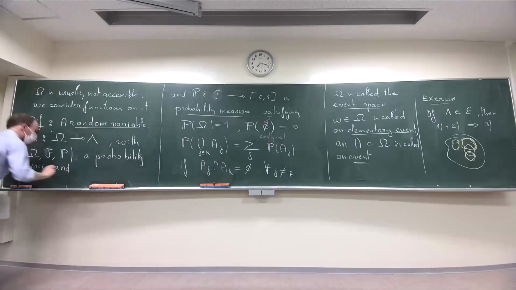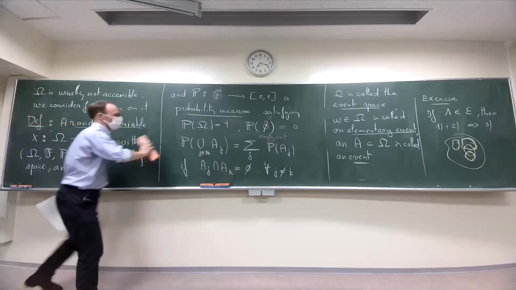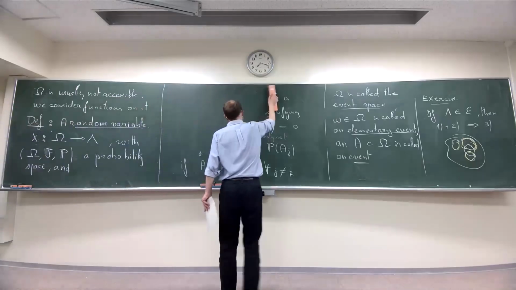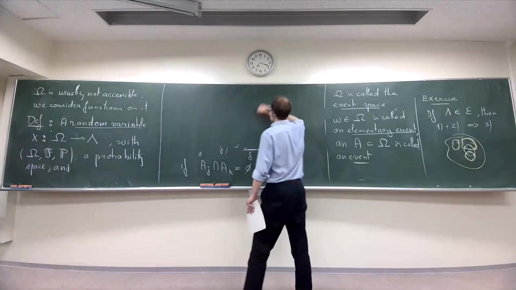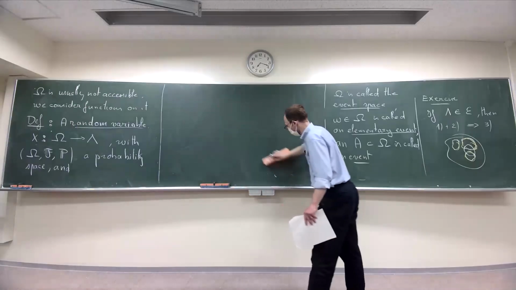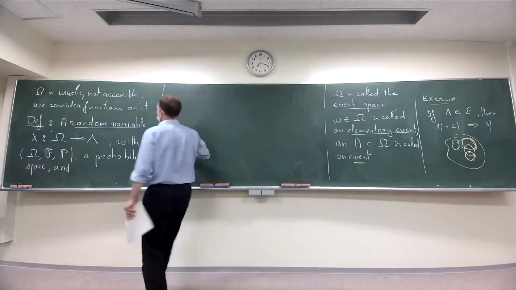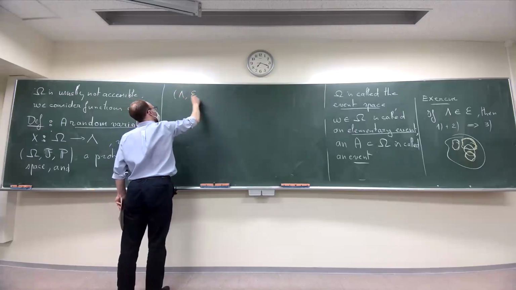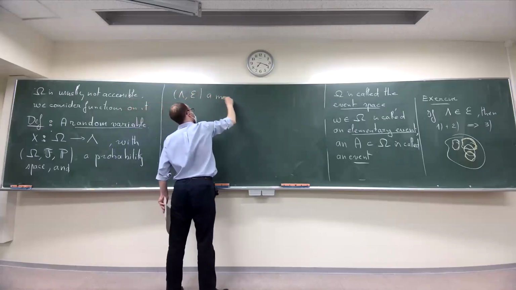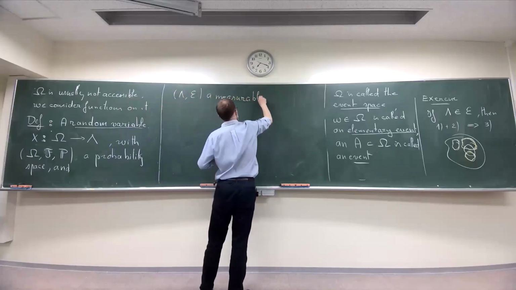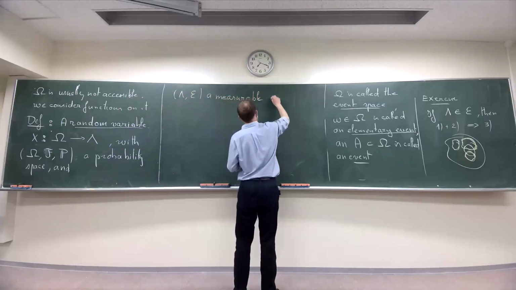And who is this capital lambda? So 2 semesters ago, I used just a set of real numbers. But this is not the best thing. So this lambda is a measurable set, or measurable space.